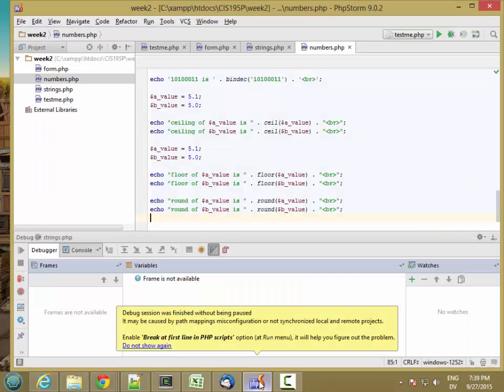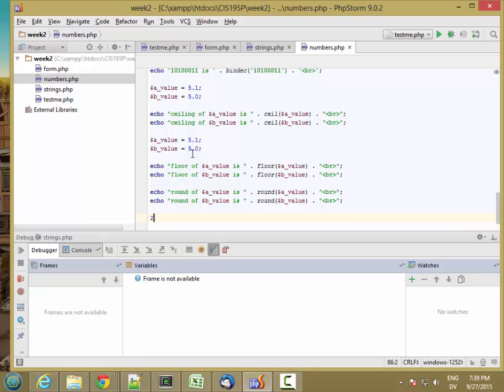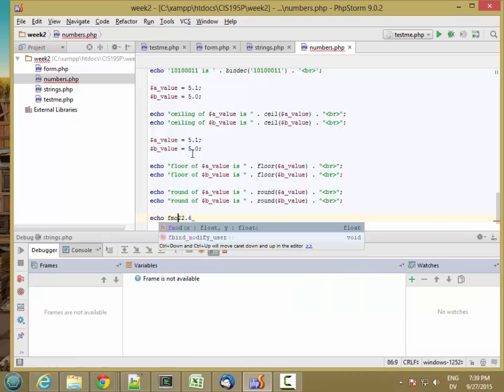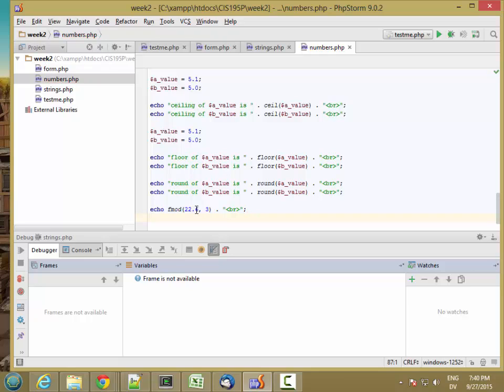So if we take 22.6 modulo 3, this is going to divide 22.6 by 3, which is going to be 7, and then 22.6 minus 21, which is 7 times 3, is going to be 1.6.